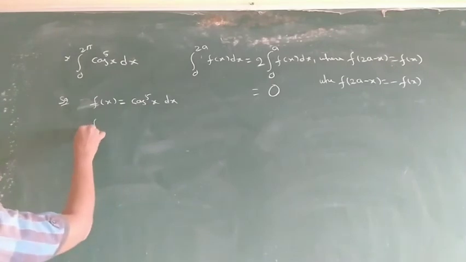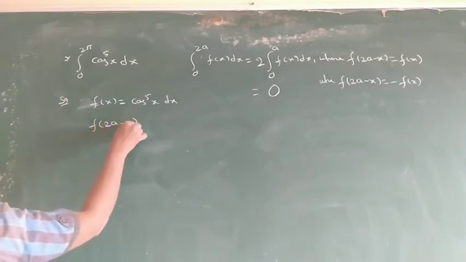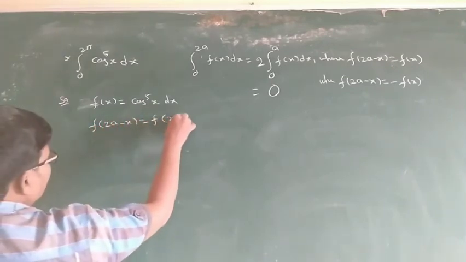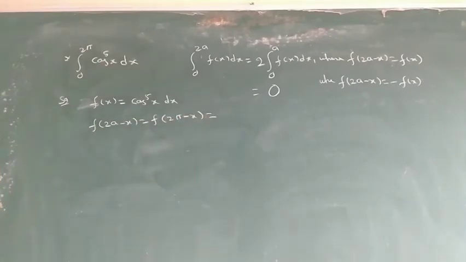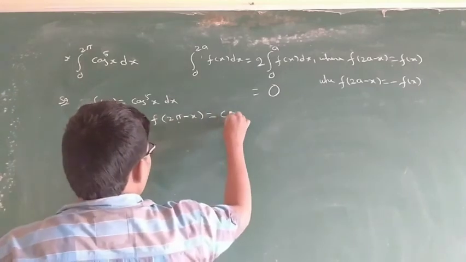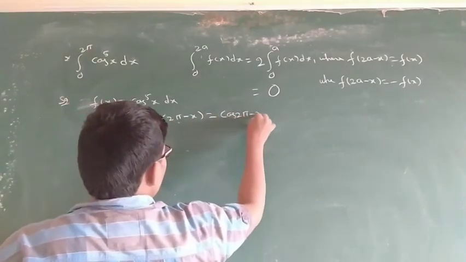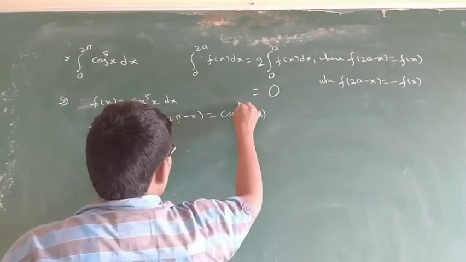So f of 2a minus x is equal to f of 2 pi minus x, so x becomes 2 pi minus x: cos of 2 pi minus x whole power 5.